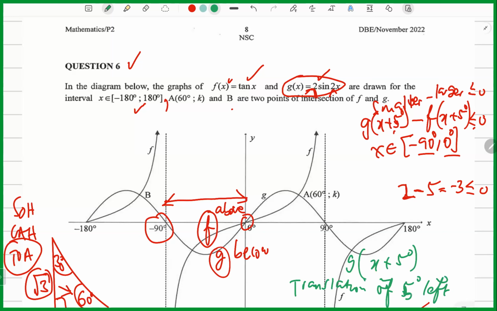So if this graph moves 5 degrees to the left, then for example at this point here it's going to be at minus 95, and here it's going to be at minus 5 degrees.